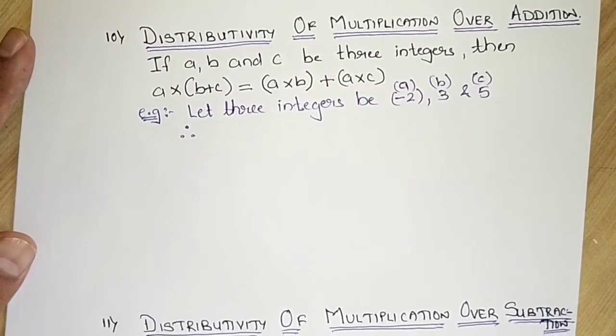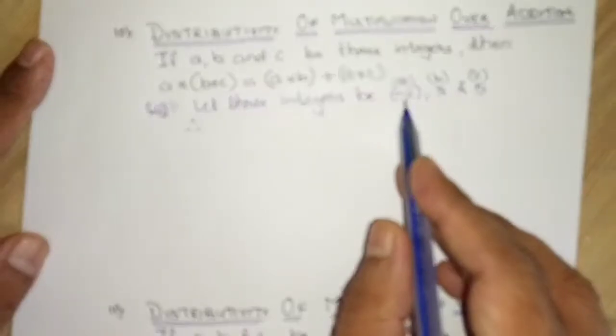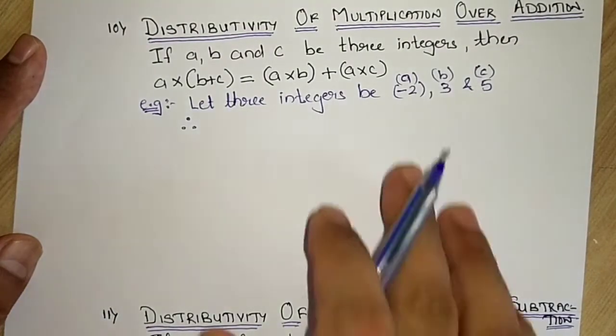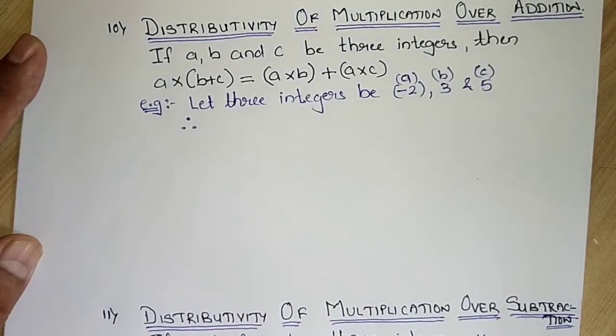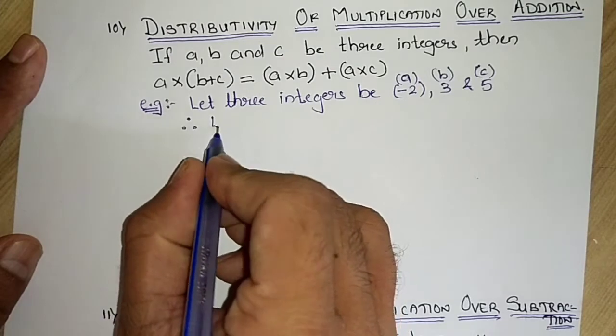Let us take one example. Let me take A equal to -2, B equal to 3 and C equal to 5. So according to formula, let me first take LHS.